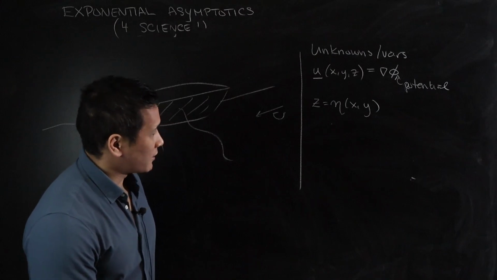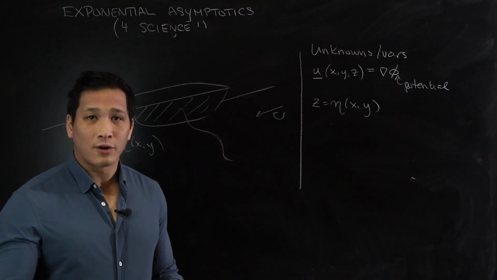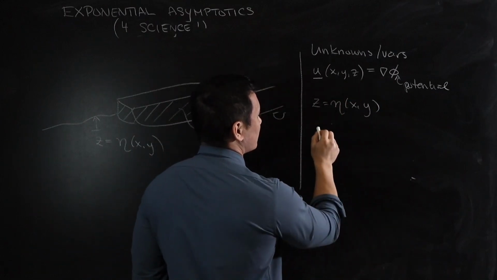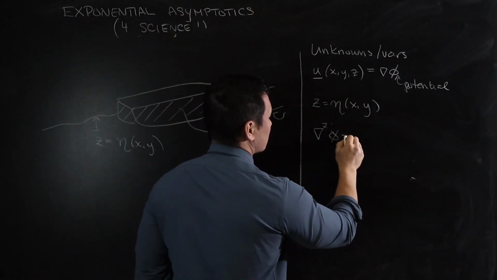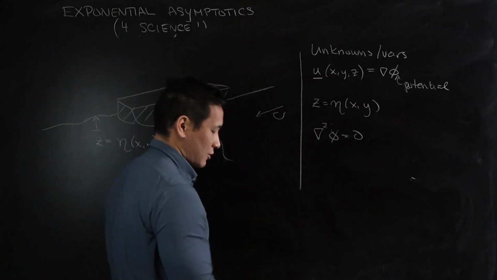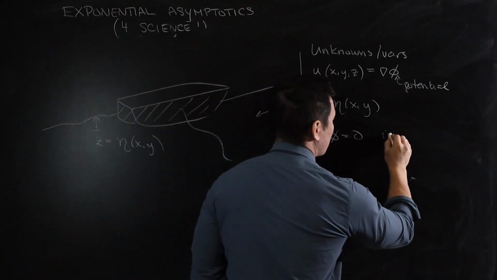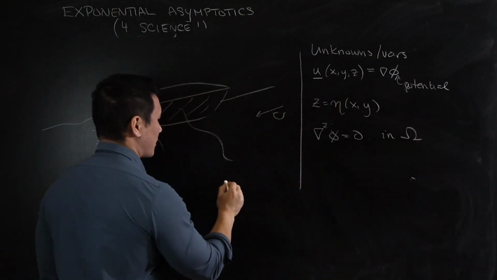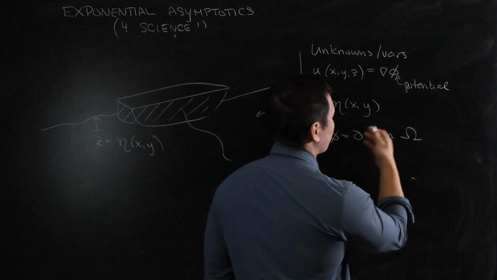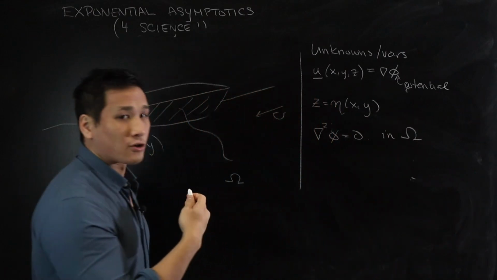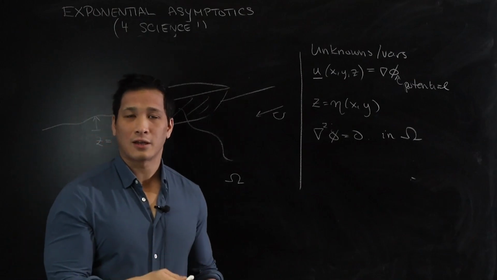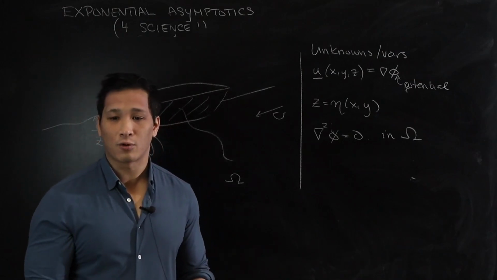In addition to this, you've been deriving from your fluid mechanics that this potential function phi satisfies Laplace's equation. So within the fluid, which I'll call omega, the fluid domain, it satisfies Laplace's equation. And then on the boundary of the fluid, I need certain extra equations that express things like the balance of pressures and the balance of forces.